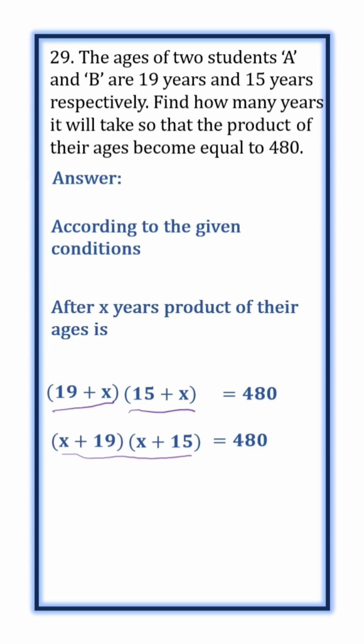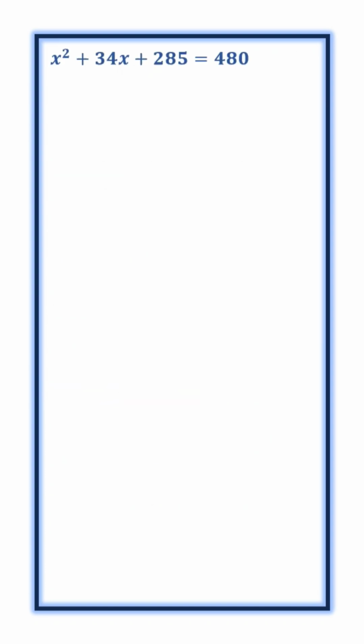Here a is 19, b is 15. 19 into 15. That is equal to x square, 19 plus 15 is 34x, 19 into 15 is 285. That is equal to 480. x square plus 34x plus 285 is equal to 480.